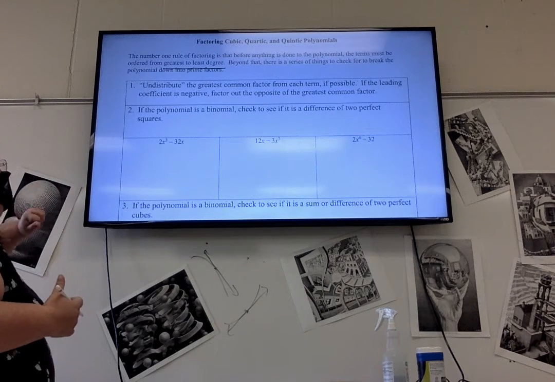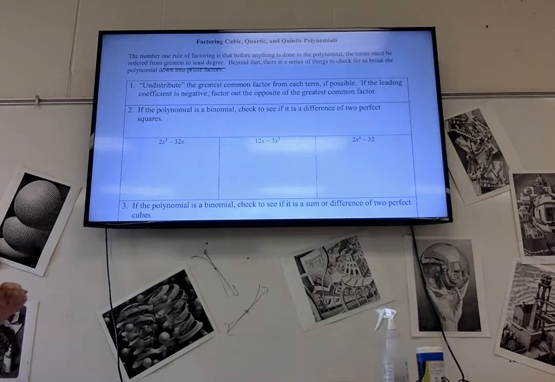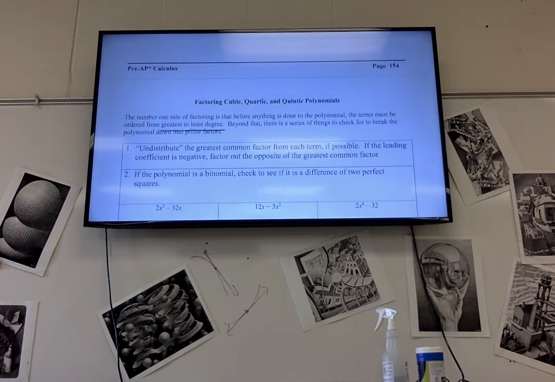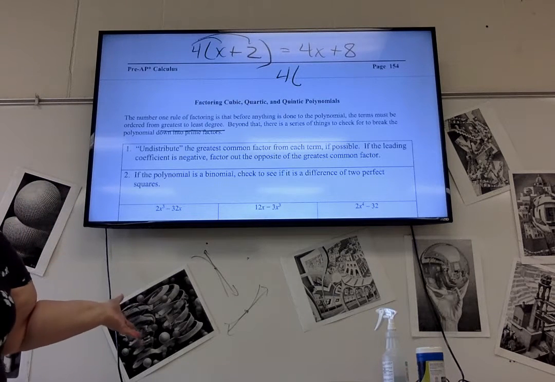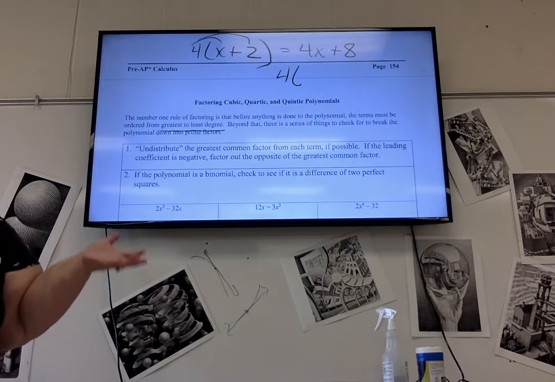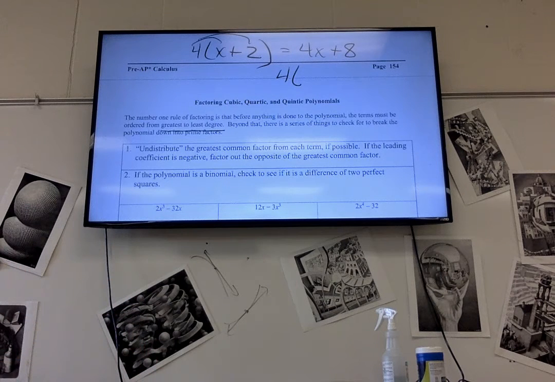Another way of saying it is to undistribute. We know to distribute: if you had 4 times x plus 2, and we distributed, that's 4x plus 8. If I factor out a 4, I'm doing the opposite of what I just did. That's where they're getting undistribute, and I would divide by that 4.